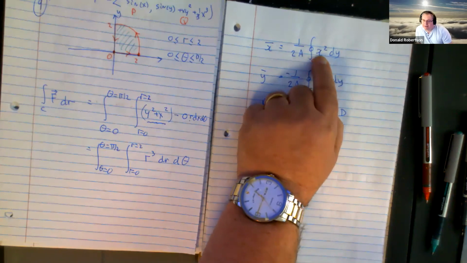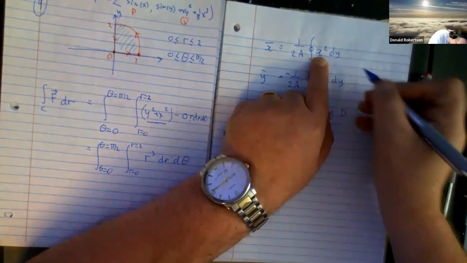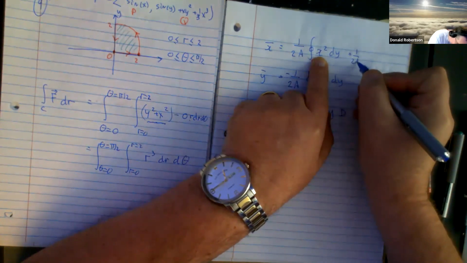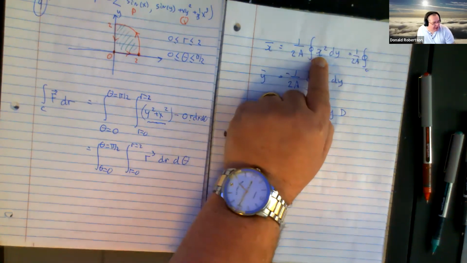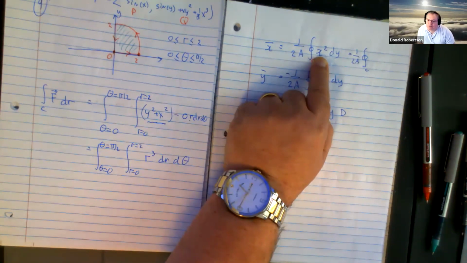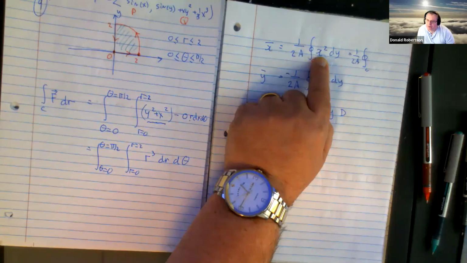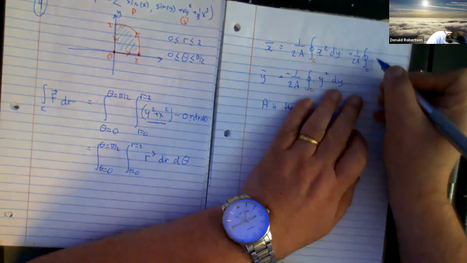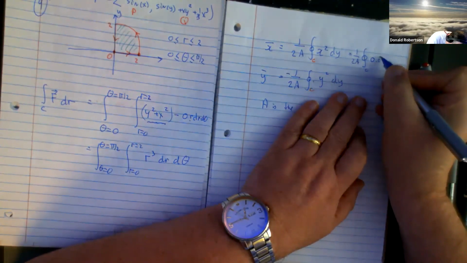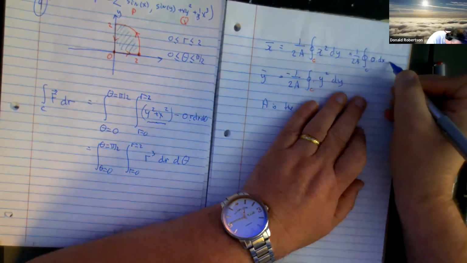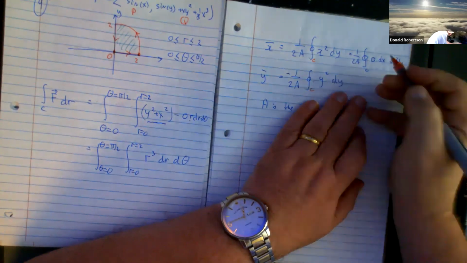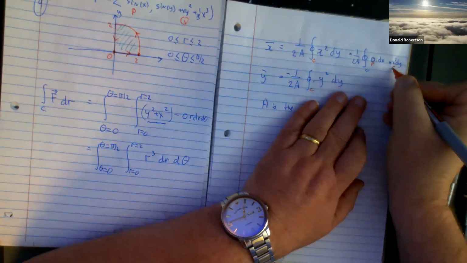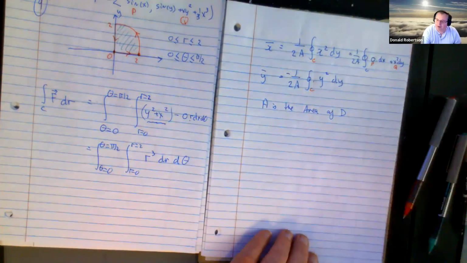This fella here, is he P or Q? It says x squared dy. Is that P or is that Q? Q. Technically speaking, don't you have 0 dx plus x squared dy? Does that help?